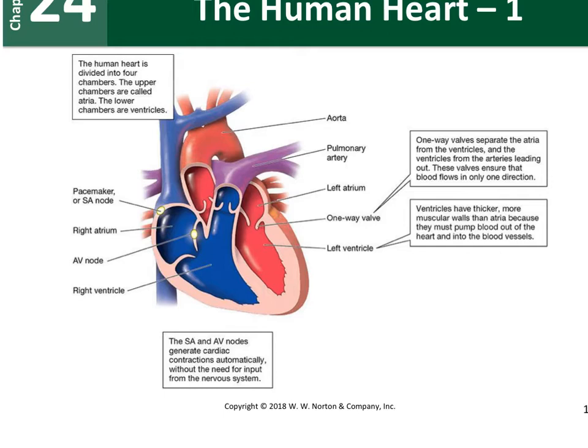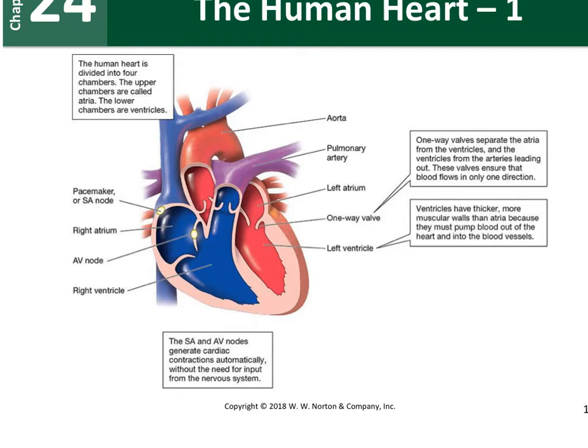And then the right atrium receives deoxygenated blood, which then goes to the right ventricle, which is then pumped to the lungs. Okay, now we'll go over that more in a second.